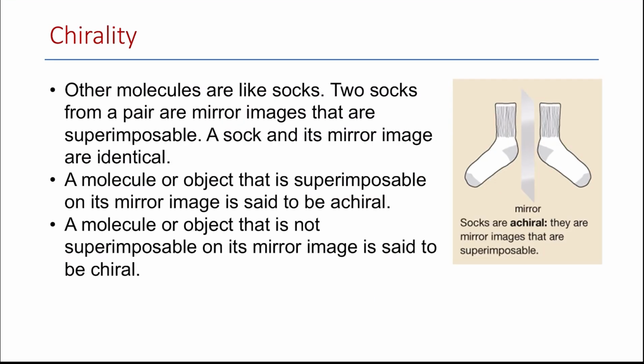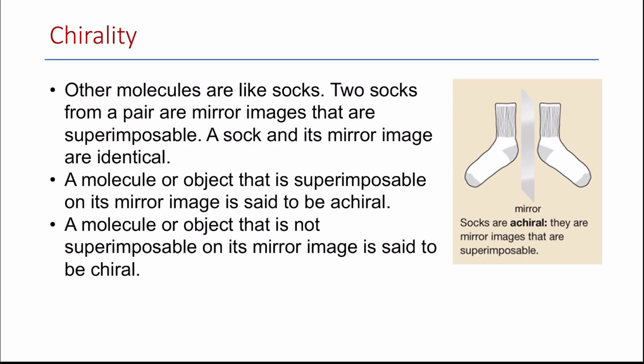Let's have another example, but this time for an object that has a mirror image which is superimposable. You can see that in a pair of socks. Two socks from a pair are mirror images of each other, but at the same time they are superimposable. So a sock and its mirror image are identical and they are not chiral.